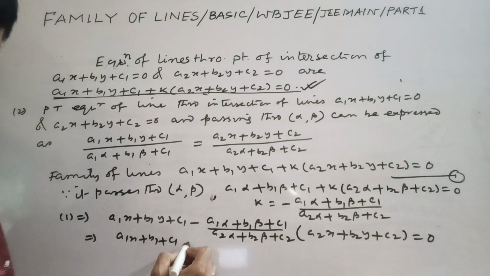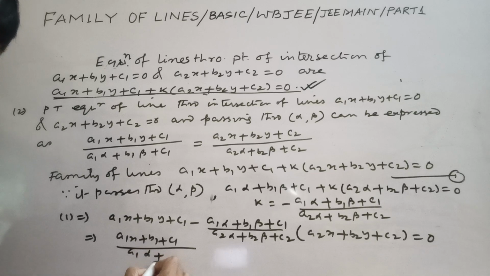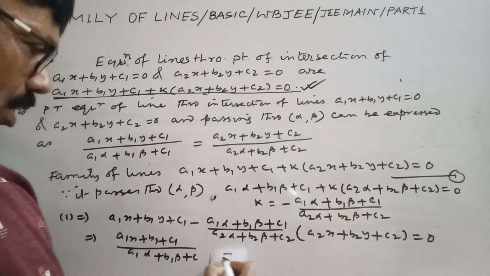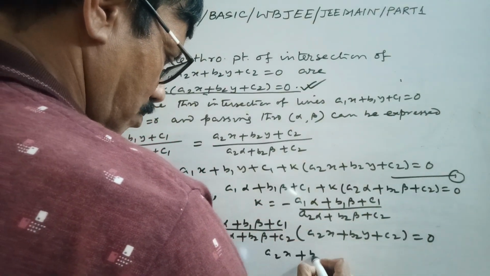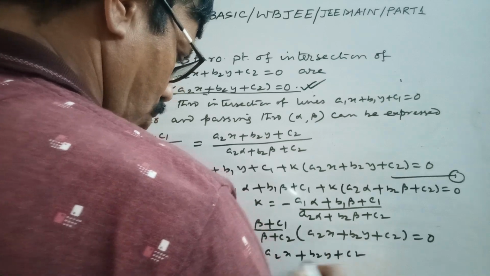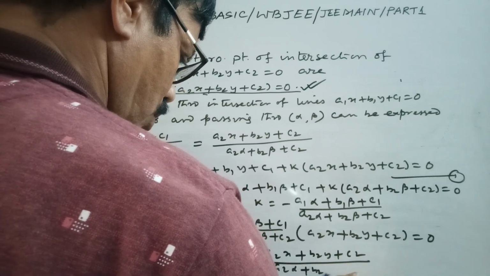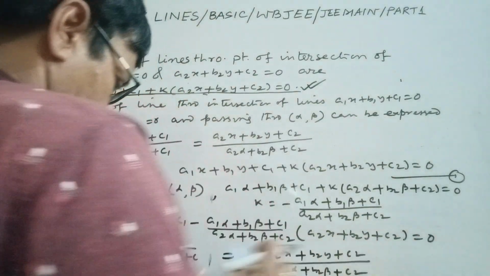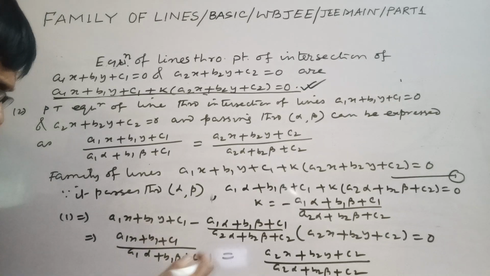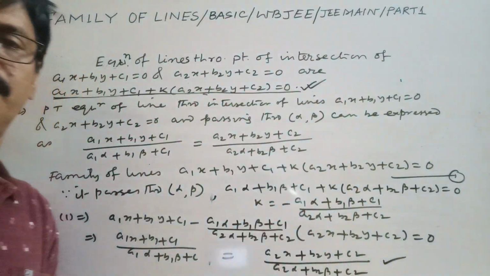So this implies a1x plus b1y plus c1 equals this. By omitting one step, with a1 alpha plus b1 beta plus c1, if you transfer to the right-hand side, it will be a2x plus b2y plus c2 by a2 alpha plus b2 beta plus c2, and we take the other factor to the left-hand side. So we are getting this result.